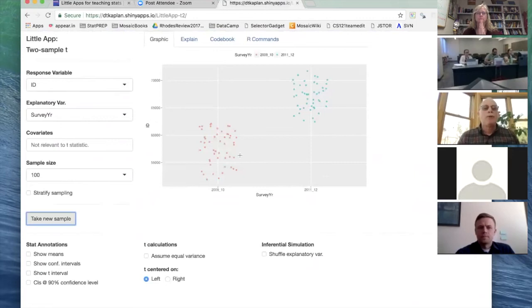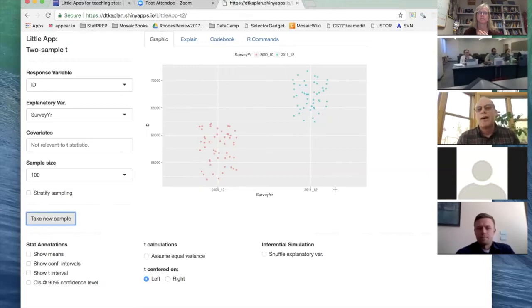I'm putting up on the screen here a little app. It's called the 2Sample-T little app, but actually you can use it for more than that. Like almost all of the little apps, it's centered in a display of data. In this case, there's one variable, which we call the response variable, on the y-axis, and another variable, categorical, on the x-axis.